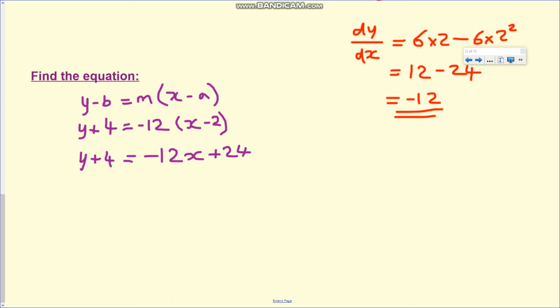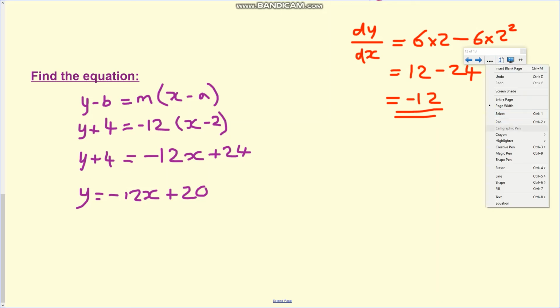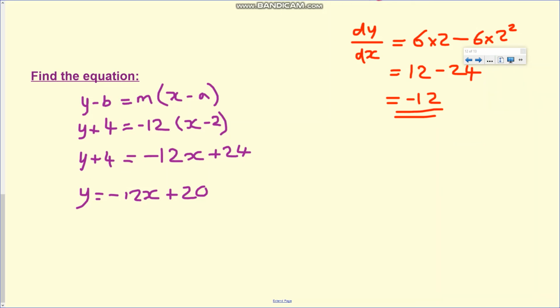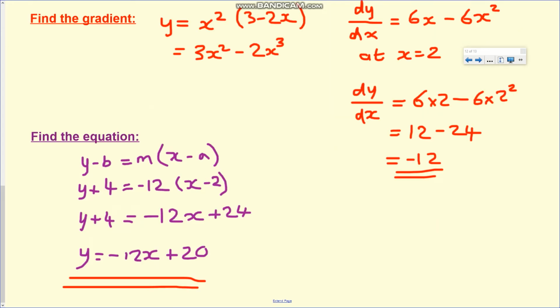And then taking away 4 from both sides, y is equal to negative 12x plus 20. Okay, and that's my final answer there, my formula for my straight line, in the form y equals mx plus c.